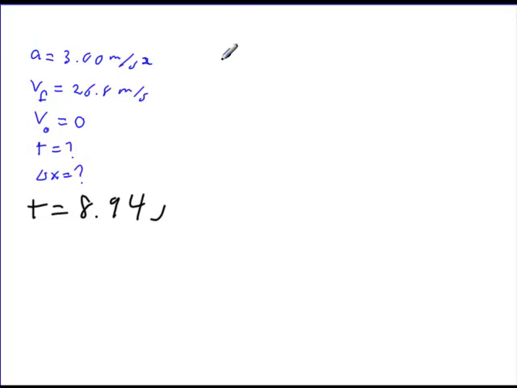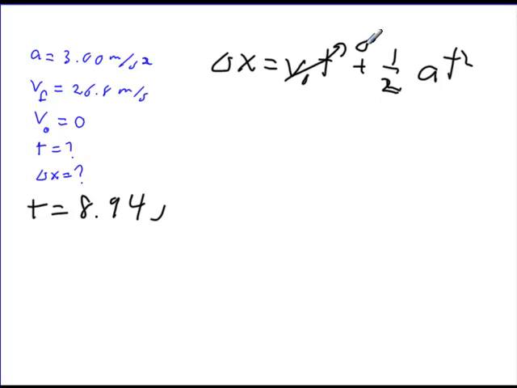Now I know that delta x is equal to v naught t plus 1/2 a t squared. V naught is 0, so I can plug that one number in, but the rest I'm going to leave, but look, it's all set up so I can do it.